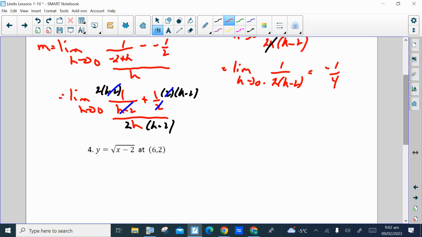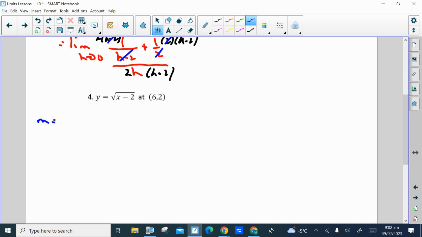And for the last one, when we did this equation the first time around, we got a slope of positive 1/4. So we should get the same thing now using the second limit formula. So it's f at a plus h. So our a value here is 6. So you're going to replace the x with 6 plus h under the radical, minus f at a, which is 2, all over h.